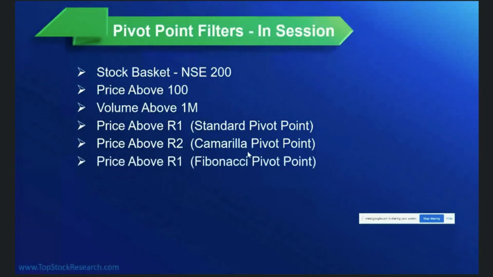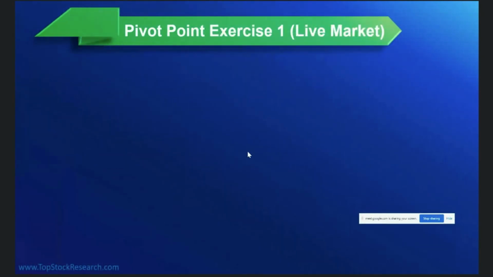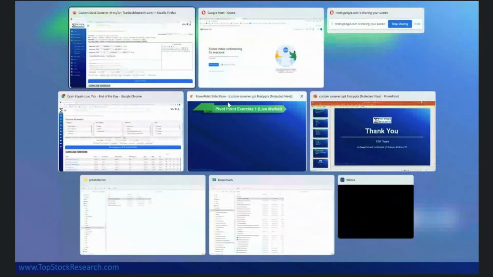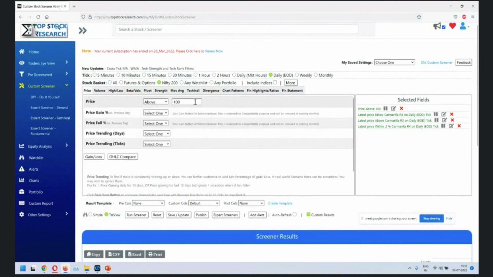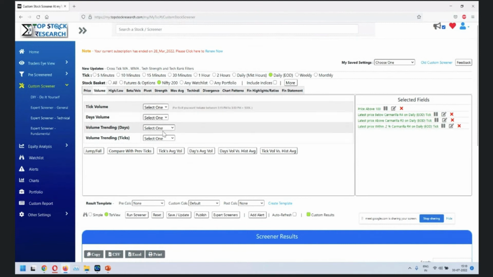What else do we have in this one? Price above R1, that's pretty simple, right? When you come back here, this is how you can incrementally build a strategy using pivot points. Nothing stops you from adding more criteria, like what we did here. If you are looking at the day's volume, you feel that volume above a certain range is good.